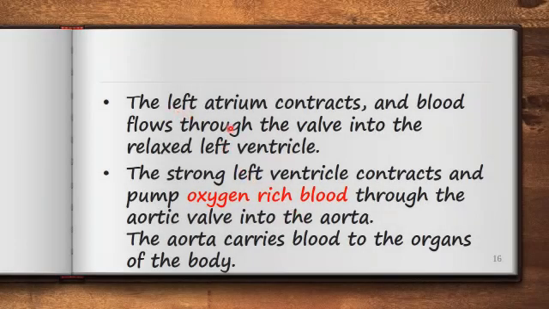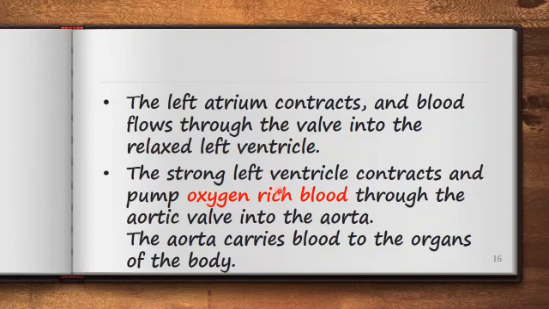Then the left atrium contracts and the blood will flow through the valve. So a valve is basically a sort of gate which only allows the blood flow in one direction and prevents the wrong flow of blood, and then it will allow the movement of blood into the relaxed left ventricle.